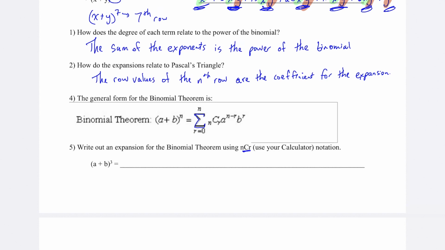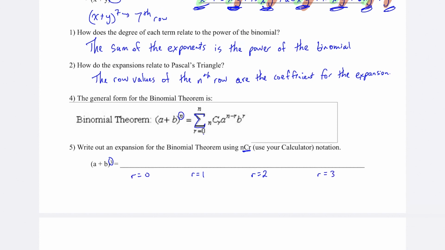Okay, so notice here we have n, and we're going to go all the way from r equals 0 up to n. So we have 3 as our value. So we're going to do r equals 0, then r equals 1, then r equals 2, and then r equals 3, because that's n in this term.